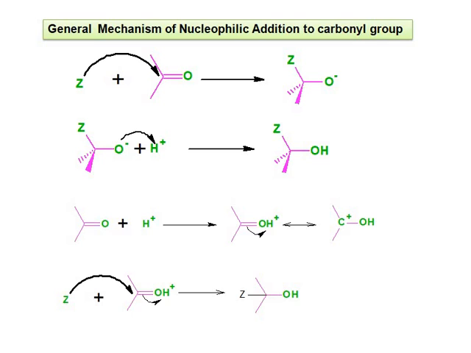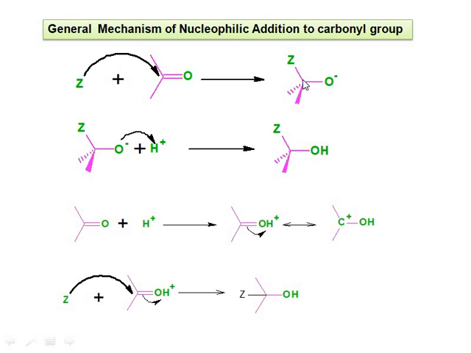Firstly, the carbonyl group is highly polar. You know why the carbonyl group is highly polar? Because oxygen is more electronegative than carbon, and therefore the carbon will have a partial positive charge, and oxygen will have a negative charge like this.